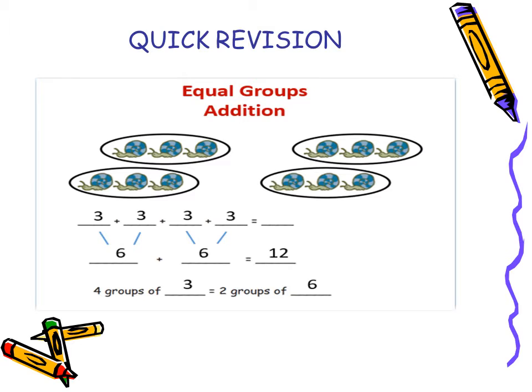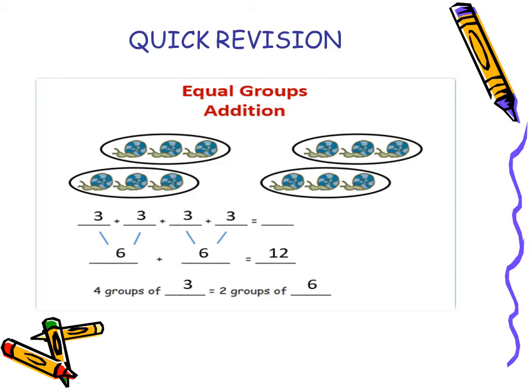Students, as I told you, the groups are formed with objects of equal number. Here we can see the example of snails in four different groups, and there are only 3 snails in each group.